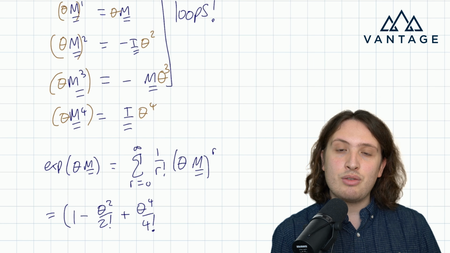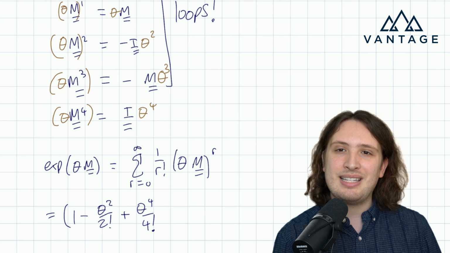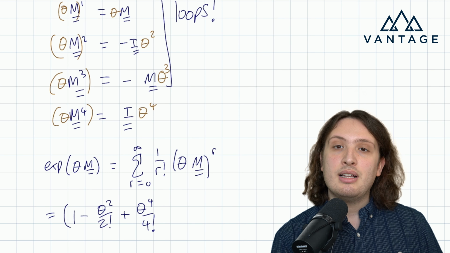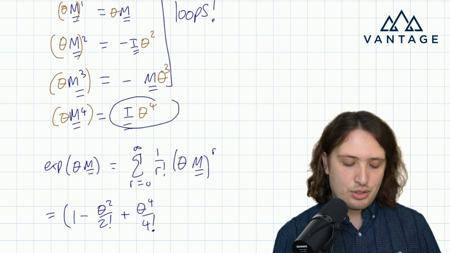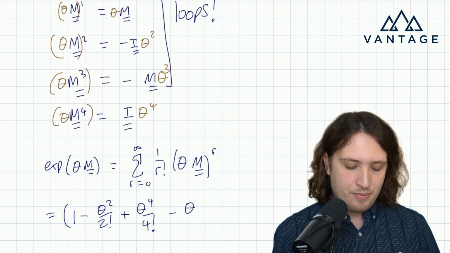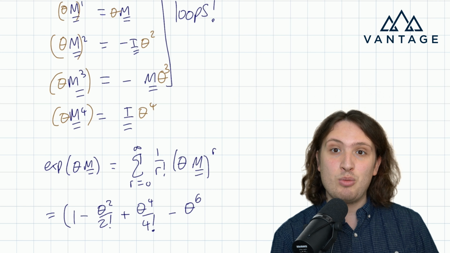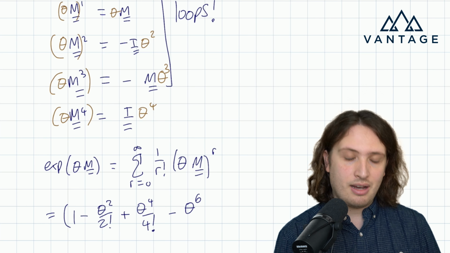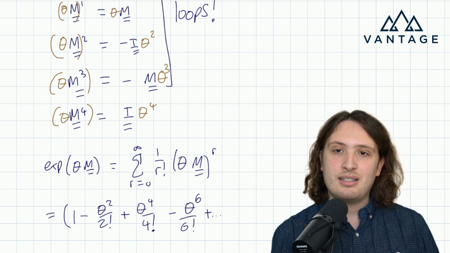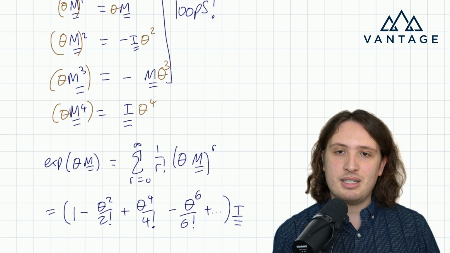And just to show the reader that we really have spotted the pattern and we're not just bluffing, we might as well go one term further. So I'm next going to get an I when I have 2 more m's to make another minus I. So that's going to be the 6th term, and it's going to come with a minus because 2 more m's will negate that I, because m squared is minus I. So we get that. So that's the I bit of my answer.